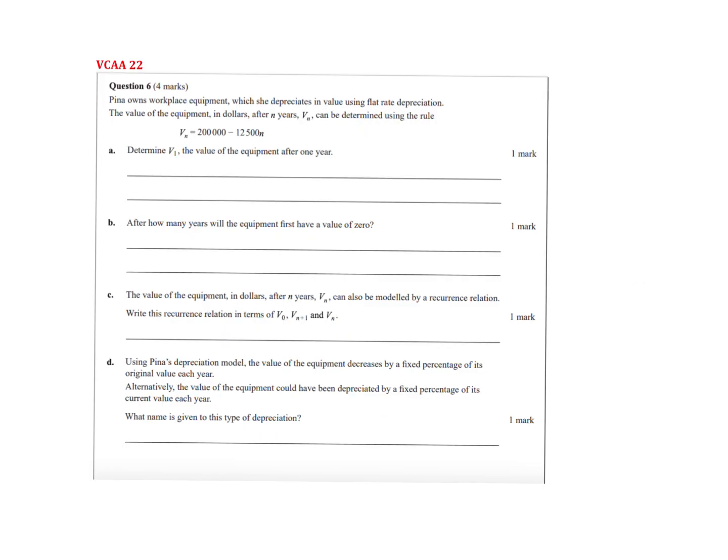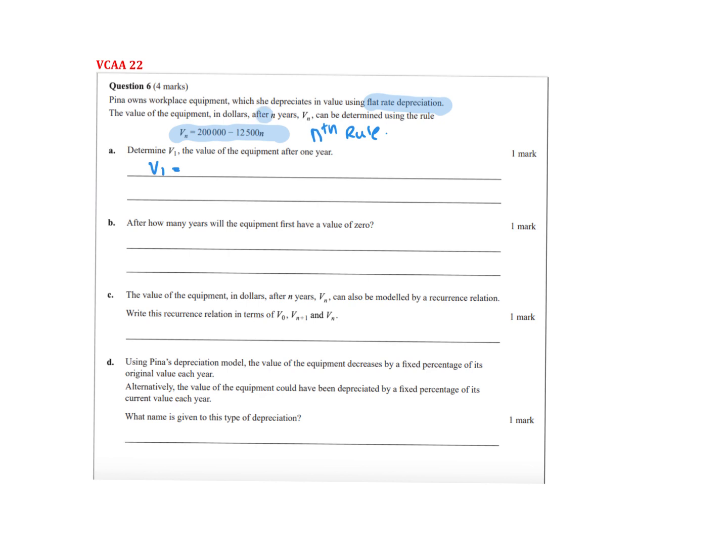Okay, so Pina owns a workplace equipment which she depreciates using a flat rate depreciation. The value of the equipment after N years can be determined by this. So here they gave us the nth rule. Okay? It says determine the equipment after 1 year. So you pretty much just want V1.